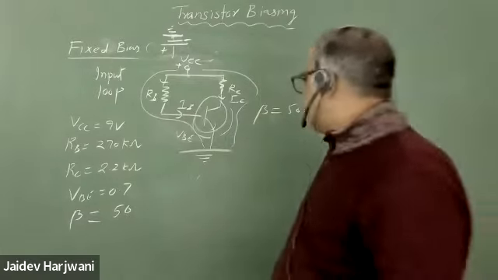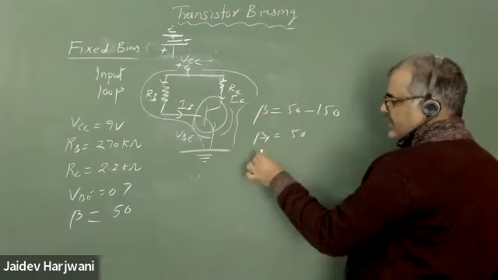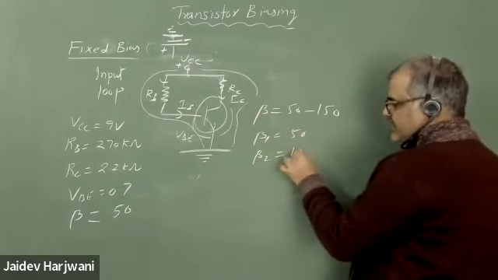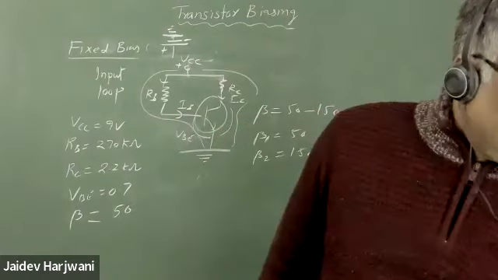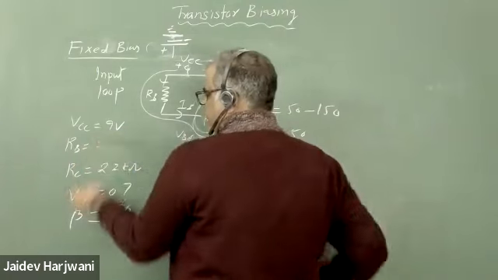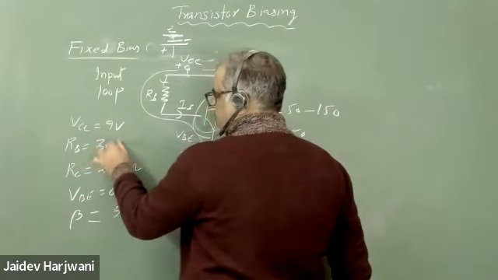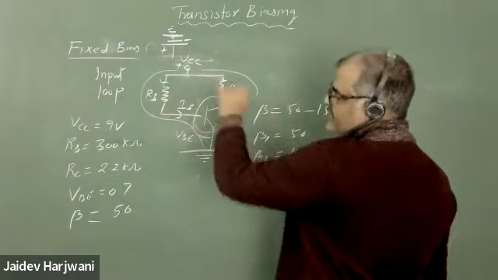Say a question where beta is varying from 50 to 150. That means in one case you can take beta 1 as 50, and in the second case beta is 150. Same RB, I'm taking now 300 kilo ohm. Always see, this RB will always be greater than this RC.